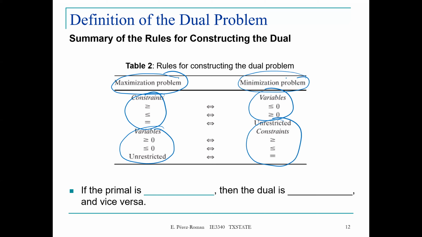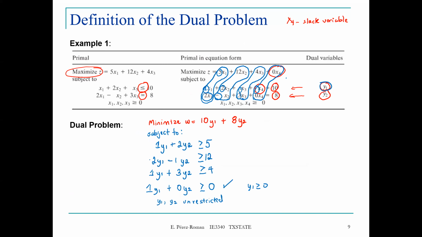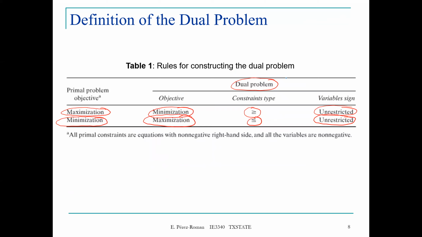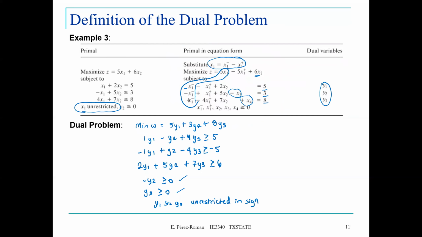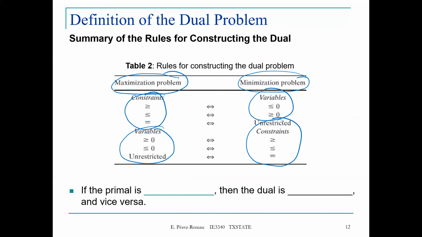Same thing goes from minimization to maximization. I think it's easier to just follow this table. It's easier to remember. So if the primal is maximization, then the dual is a minimization problem, and vice versa.